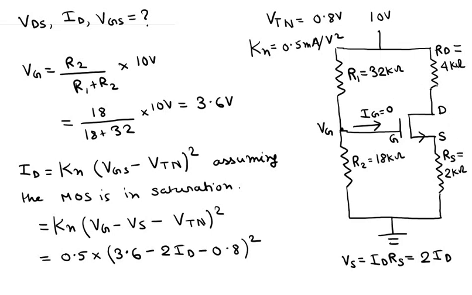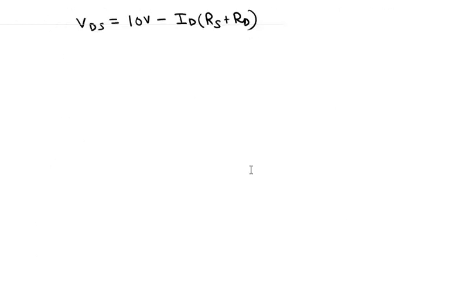This current ID is flowing both through RD and through RS. So 10 volts minus ID into RS plus RD, which is 10 volts minus 0.77 into, RS was 2 kilo ohms and RD was 4 kilo ohms. So this is equal to 5.38 volts.